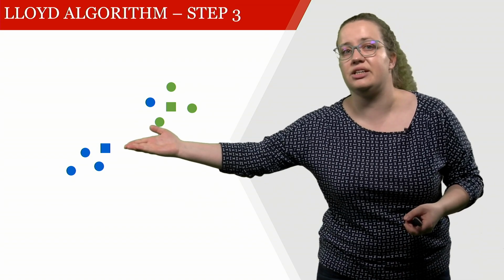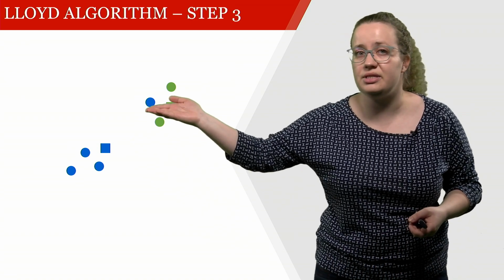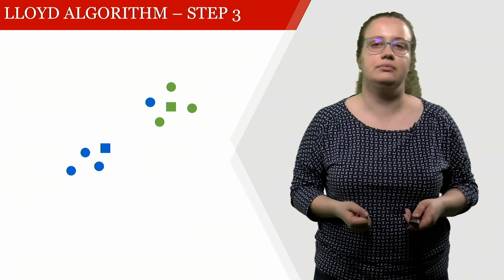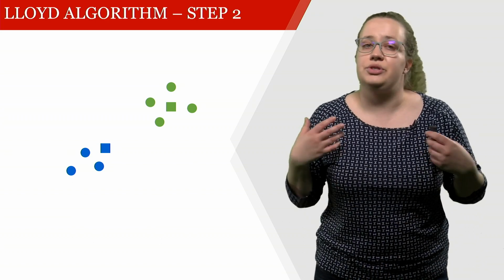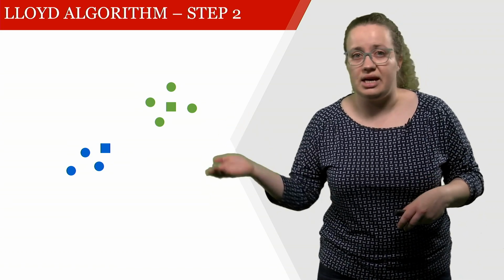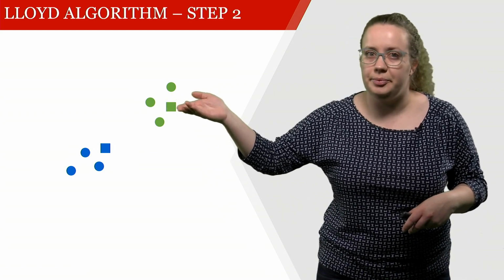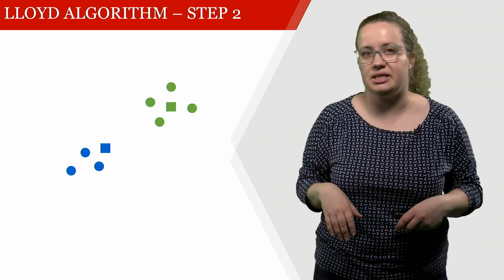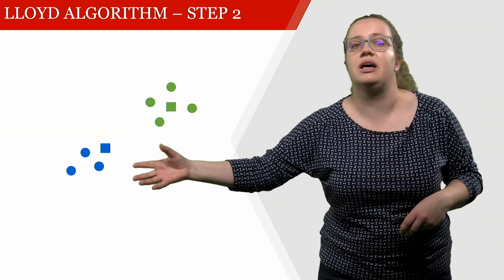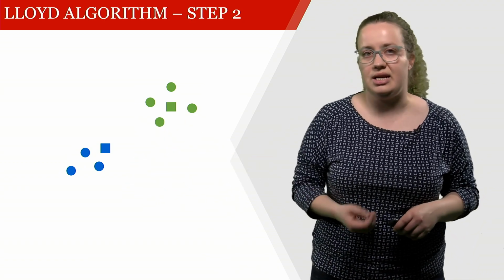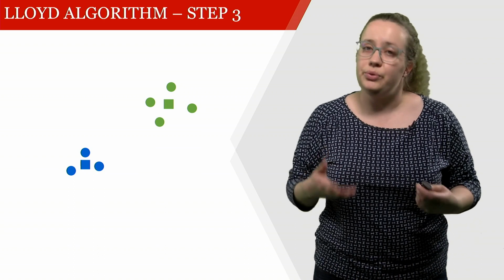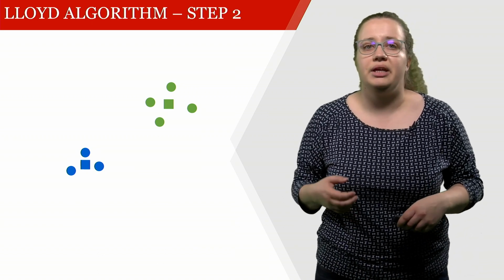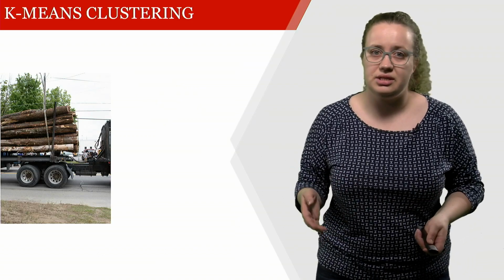For the blue one, it's actually still quite far up here because this node is still in there. So now we can continue from there. We reassign: this formerly blue one becomes green and is being added here, while the blue ones only refer to this cluster down here. So now we move the cluster centers, and from here we actually see that nothing changes anymore, and we terminate.